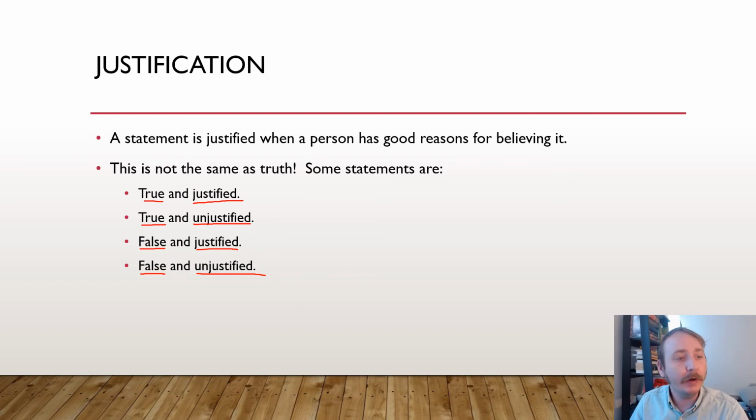Now, most things we believe are in this first category or this fourth category. But there are weird cases, like I said, where we get true and unjustified statements or false and justified statements.